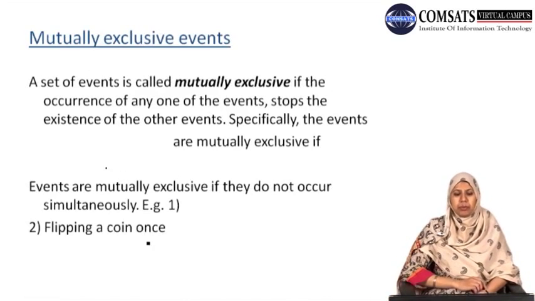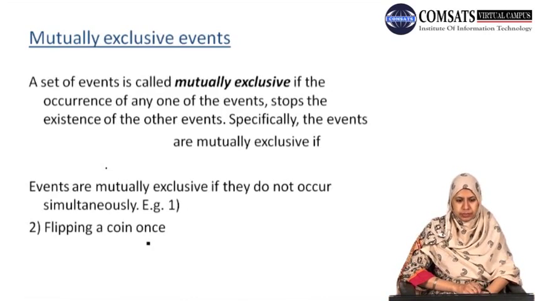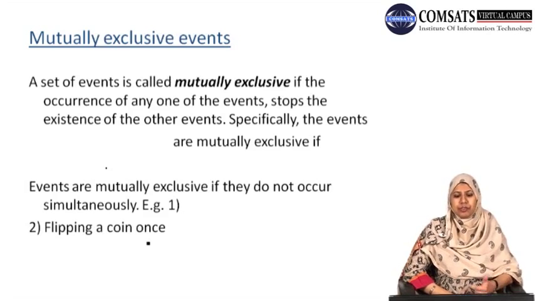Now we define another important term about events, which is mutually exclusive events. We have a set of events and we say that this set of events is called mutually exclusive if the occurrence of one of the events stops the existence of the other events.